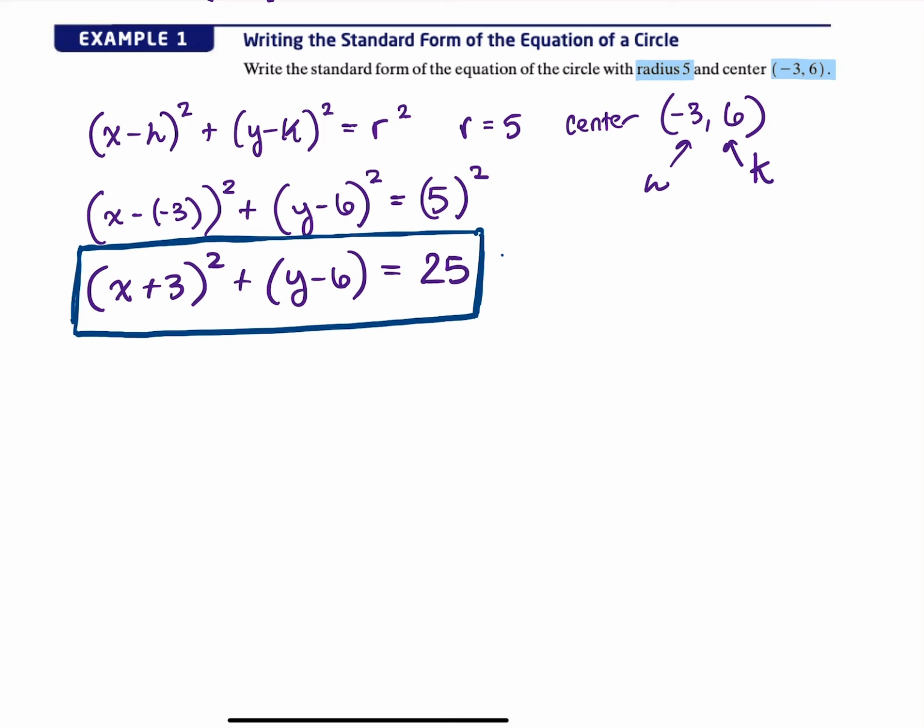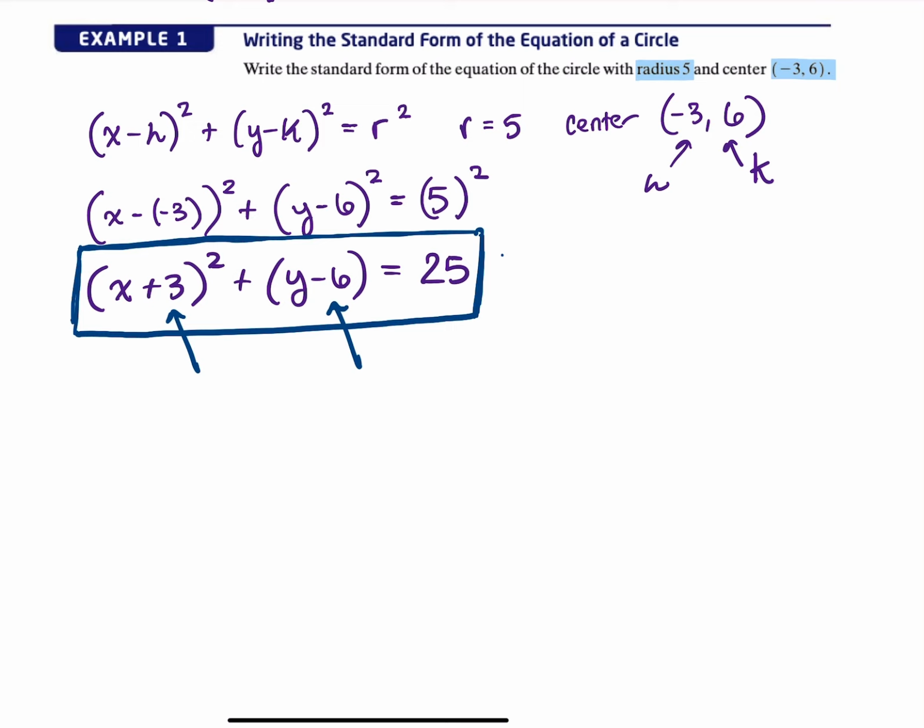So one thing I want to point out is that when you're looking at a circle in standard form, you can read the center and the radius, but you need to keep two things in mind. The first is that the signs are flipped for the center point. We know our center point is -3, +6.